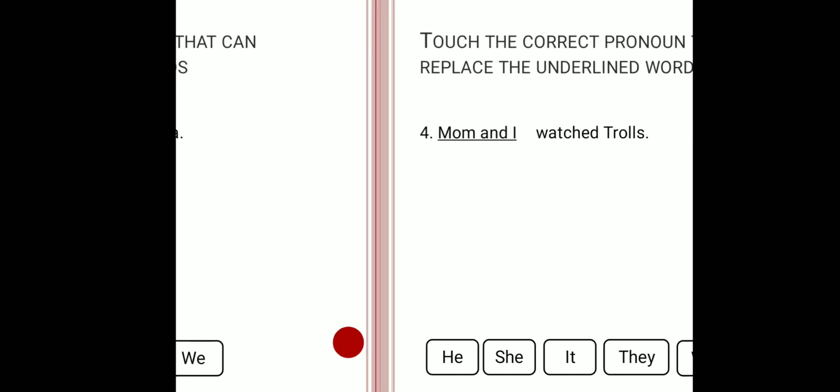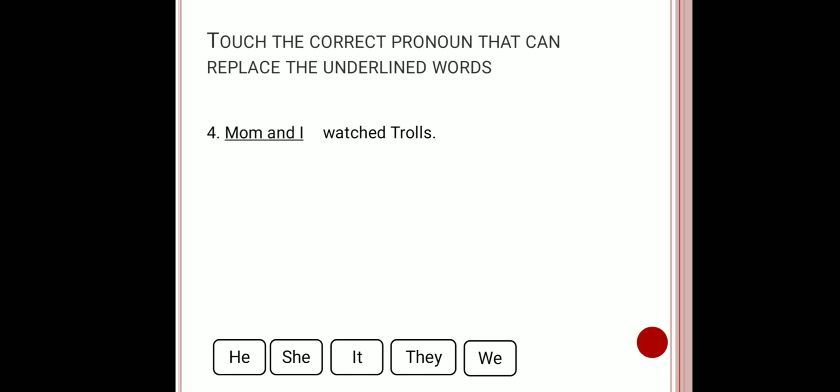Let's see another example. Mom and I. Pay attention to this example because this is so important. I should replace the words mom and I with an appropriate subject pronoun. Why subject? Because it's at the beginning of the sentence and it's before the verb, which is watched. So, mom and I, I'm included, right?